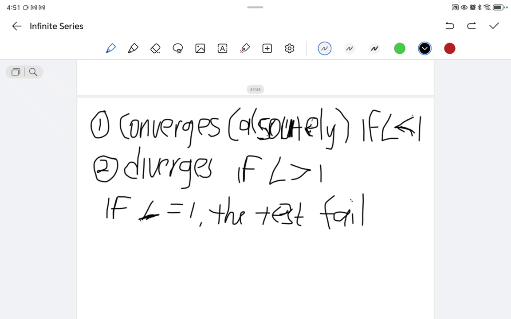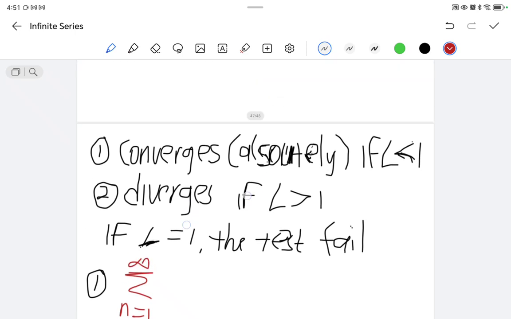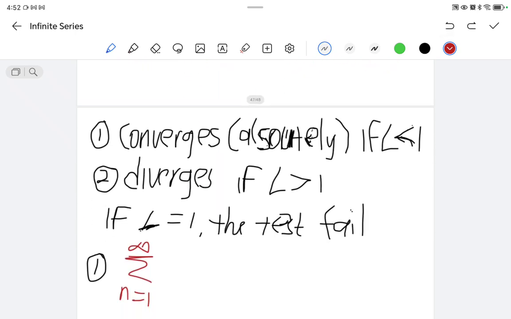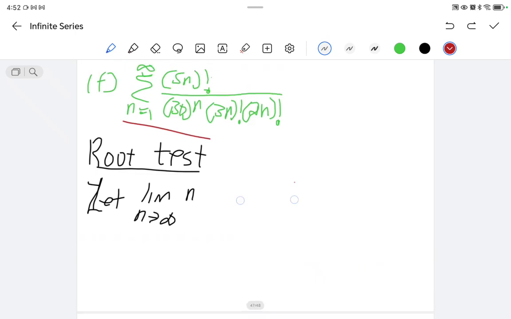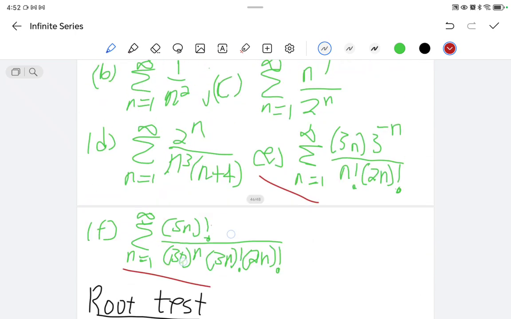So now let's say we're given a question, and they say that we're given the summation from 1 up until infinity of n to the 7 over 2 to the n.